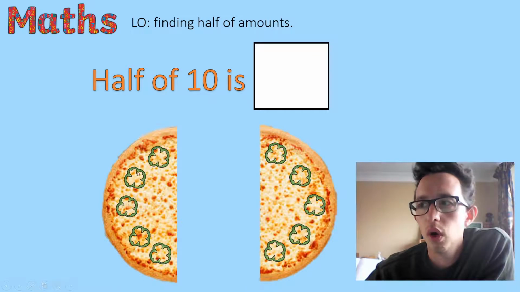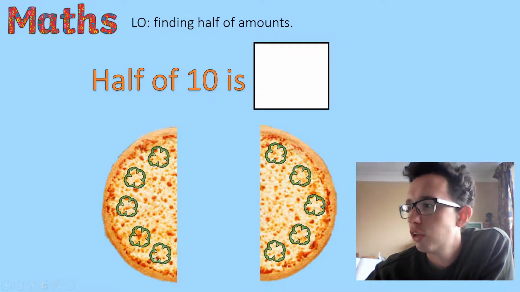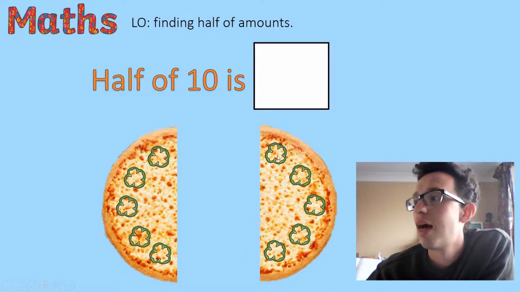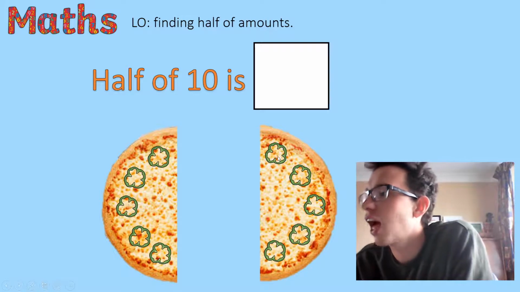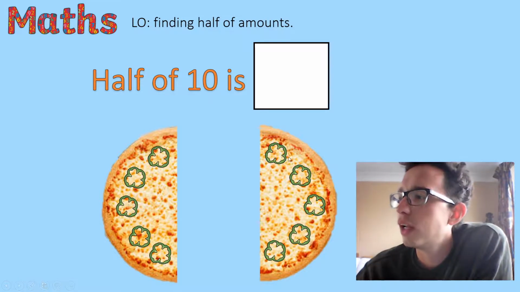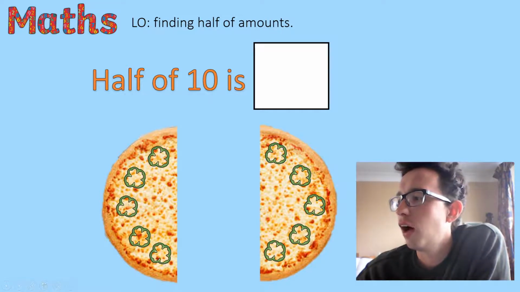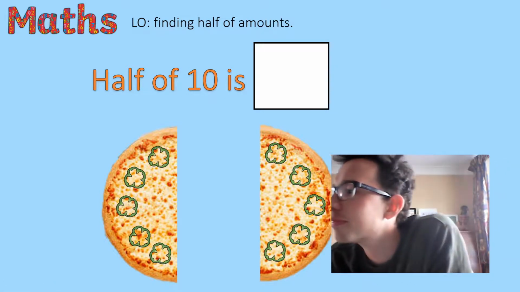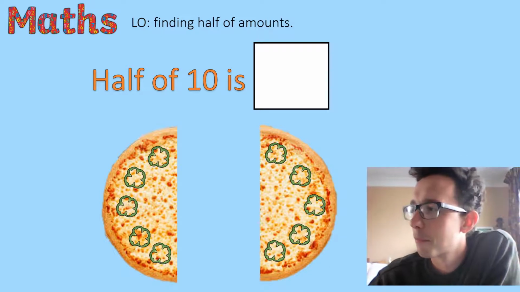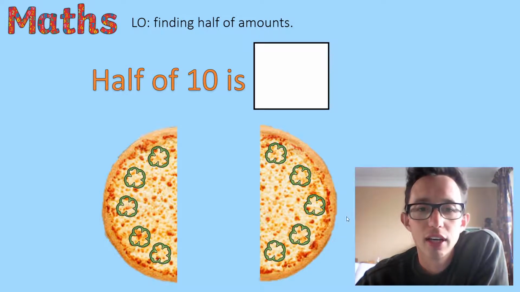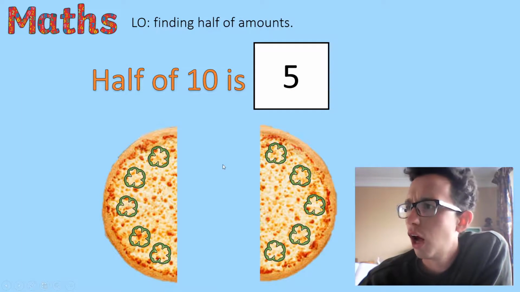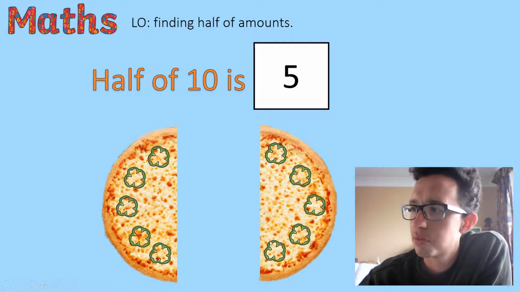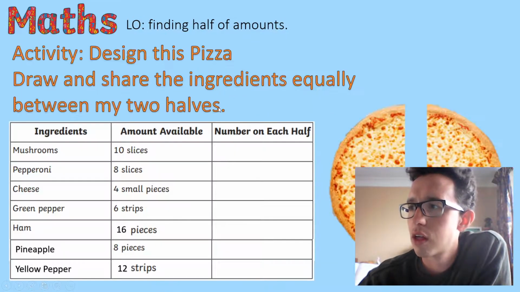And now I've got 1, 2, 3, 4, 5 on this one. And on this one here, I can almost lick that pizza. Yeah. 1, 2, 3, 4, 5. So maybe if I do this. Now. Okay, so now I've got 5 and 5. So half of 10 is because on this piece of pizza there are 5. So half of 10 is 5.